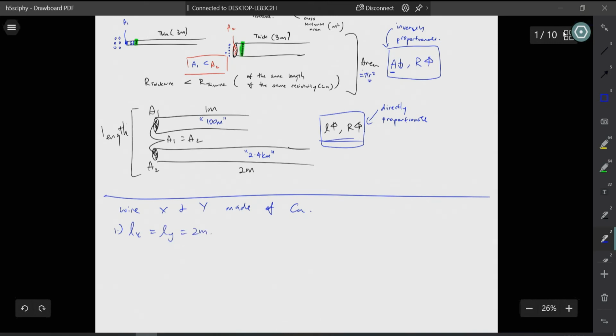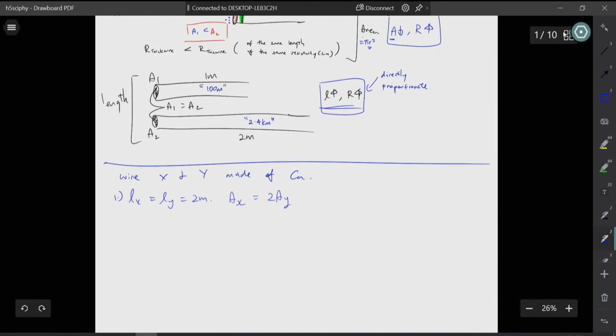You don't need to know, but the cross-sectional area of X is equal to 2 times the cross-sectional area of Y. So AX is bigger, 2 times. If R of Y equals 5 ohm, find R of X.